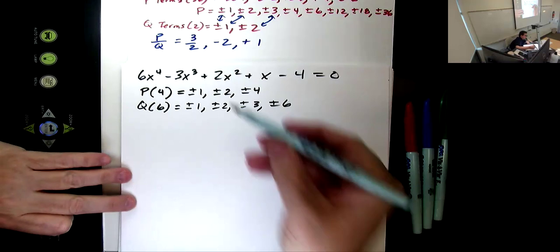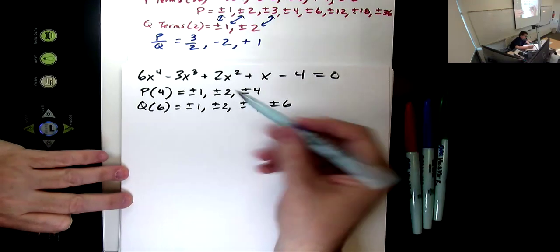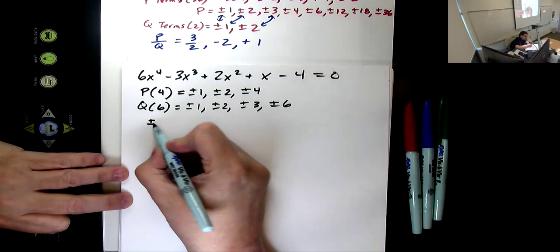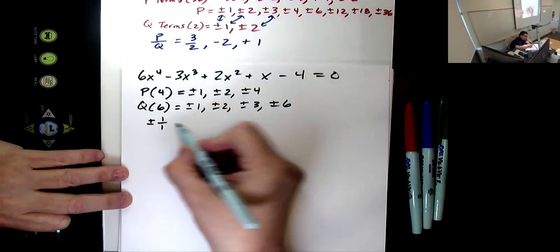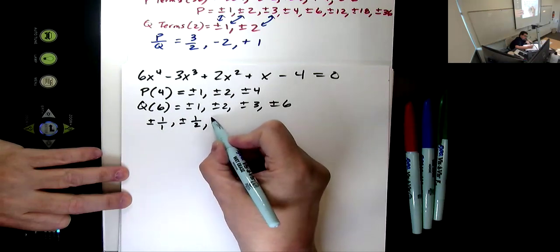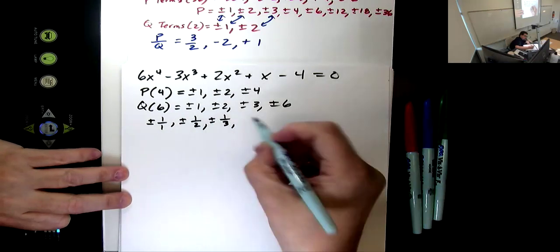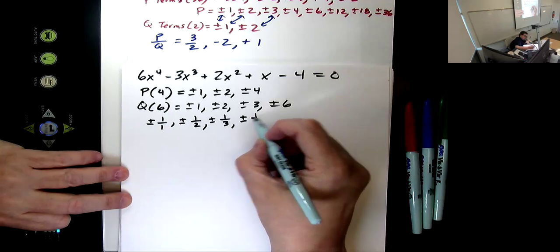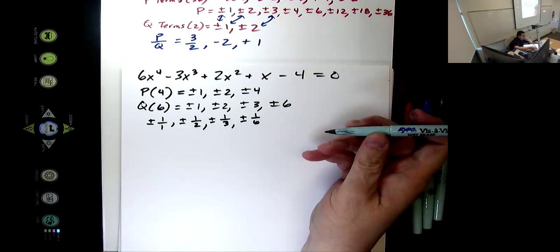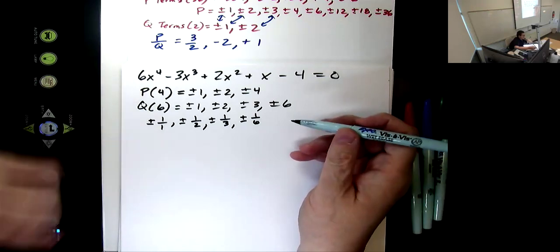So let's make a list. First, we're going to put 1 over each of these. So I could have plus or minus 1 over 1, plus or minus 1 over 2, plus or minus 1 over 3, plus or minus 1 over 6. I'm going to do this for all of them, and then we're going to cancel out things that repeat.